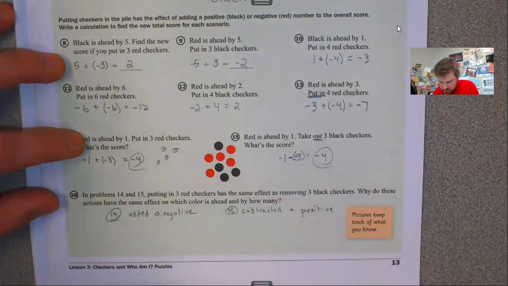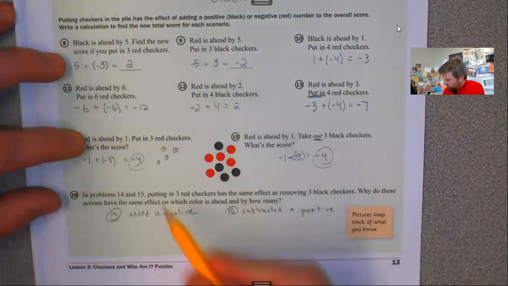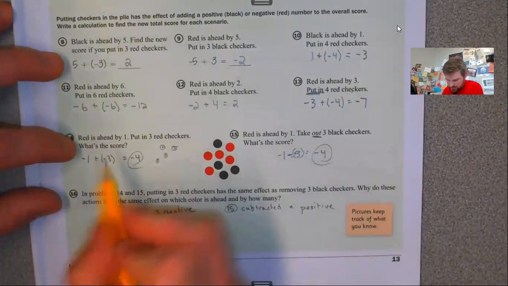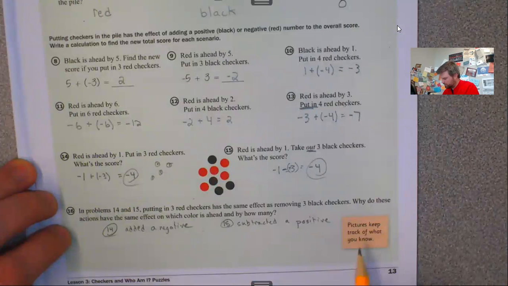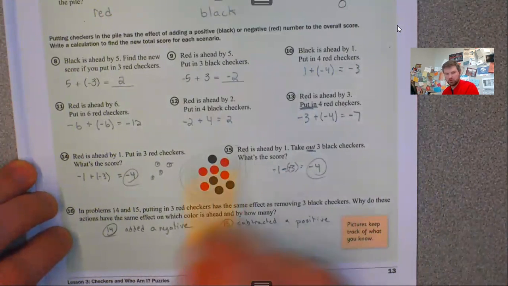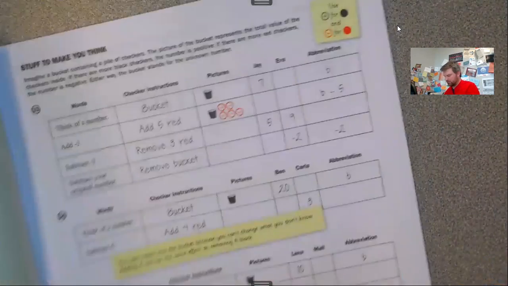So the amount on both is changed by 3. Pictures keep track of what you know, so again, they're saying we can use those checkers for that.